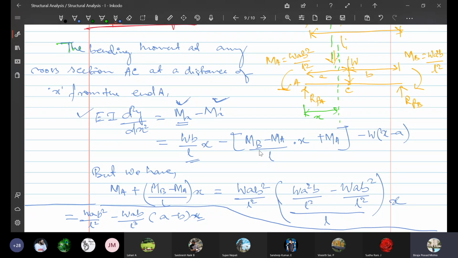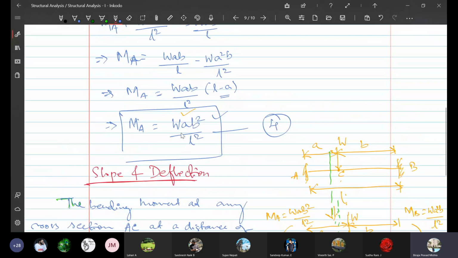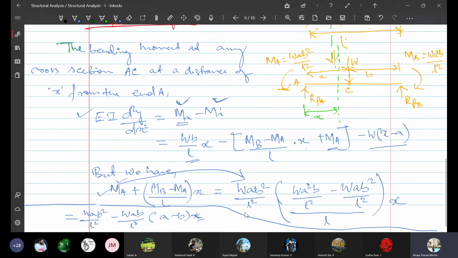minus (MB minus MA) by L into X plus MA minus W into (X minus A). But we know that MA plus (MB minus MA) by L into X, so we are simply putting the value here. MA we have calculated: MA equals WAB square by L square.